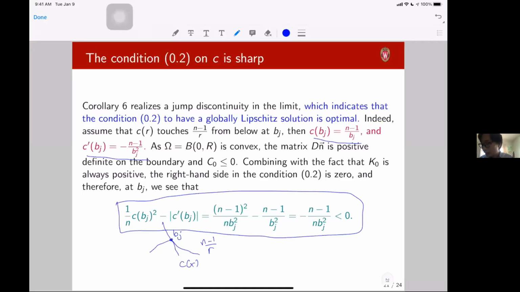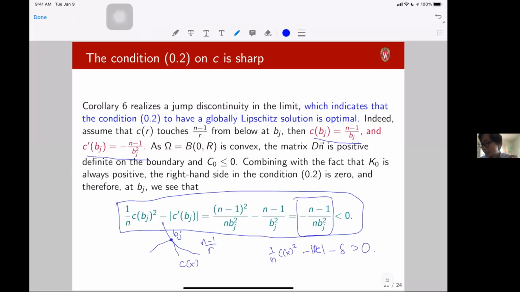So earlier, we always have to require that 1 over n c squared minus c prime, or d c, minus some delta is greater than 0, right? But in this case, if we violate it just a little bit, you see that in this computation, 1 over n c squared minus c prime in 1D is equal to this term, which is less than 0, right?